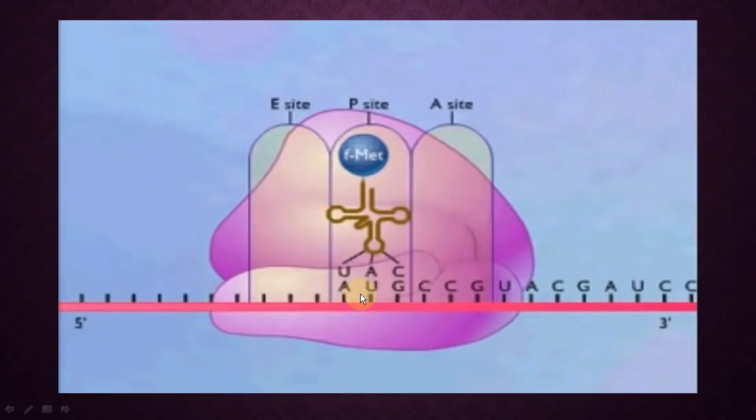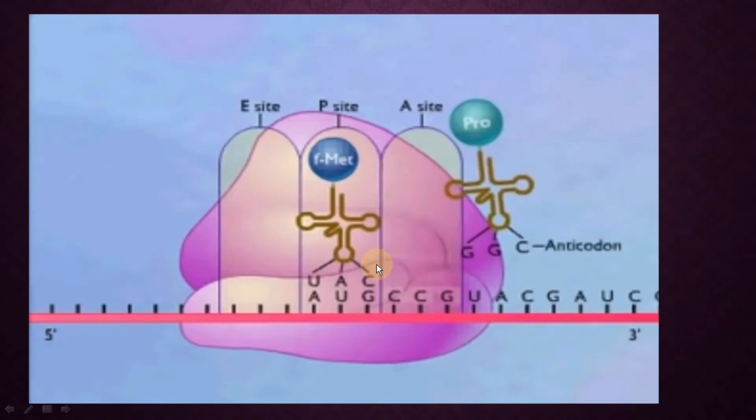The ribosome actually has three sites. One is the E site, the exit site. Next is the P site, the peptidyl site, and the last is the A site, the amino acid site. Now see what happens when this bonding takes place.